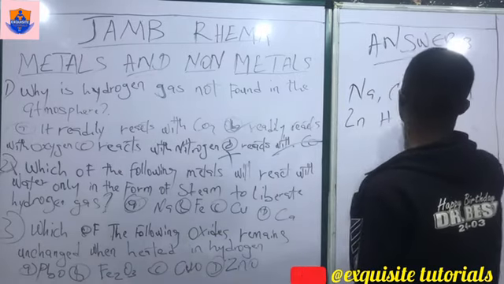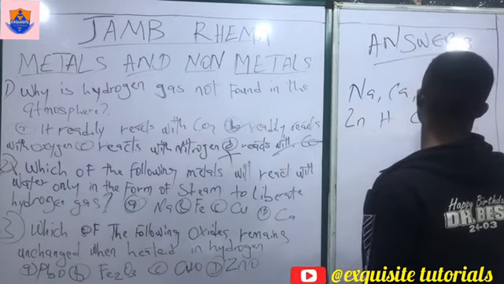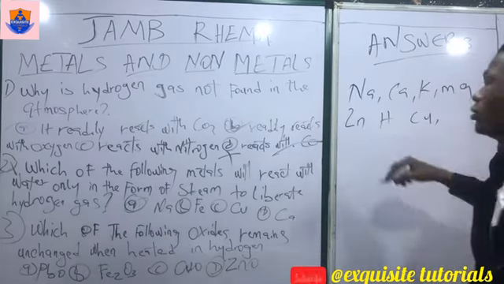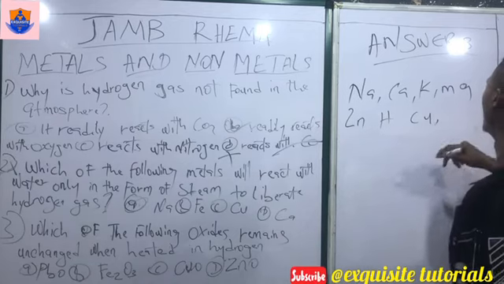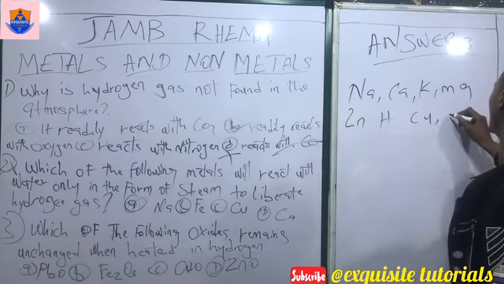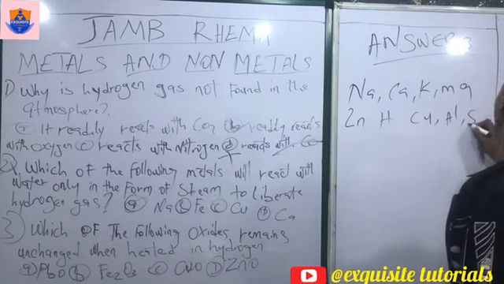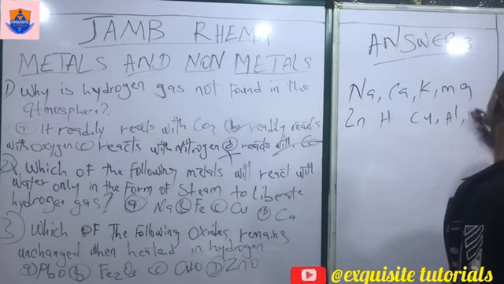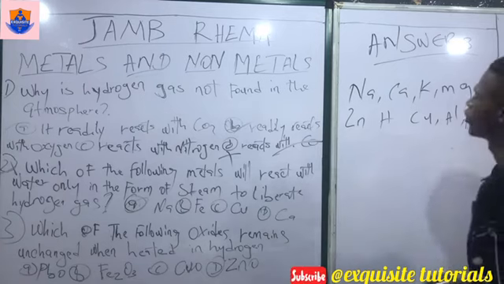We have hydrogen. We have copper. I'm just giving you a rundown, I'm not giving you the full electrochemical series. We have copper, aluminium, and silver, Ag. Okay, now let's proceed.